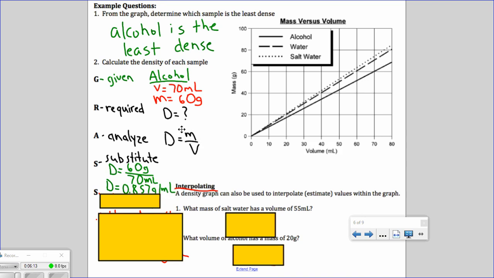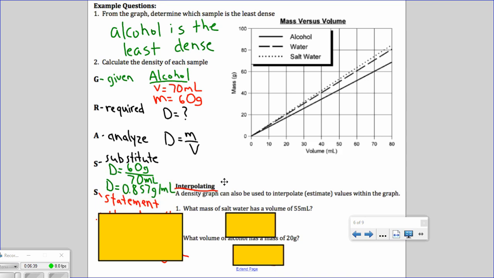So for our calculation, we have a mass of 60 grams and a volume of 70 milliliters being substituted in for the V. And then we can now solve. When we do 60 grams divided by 70 milliliters, we get a density of 0.857 grams per milliliter.